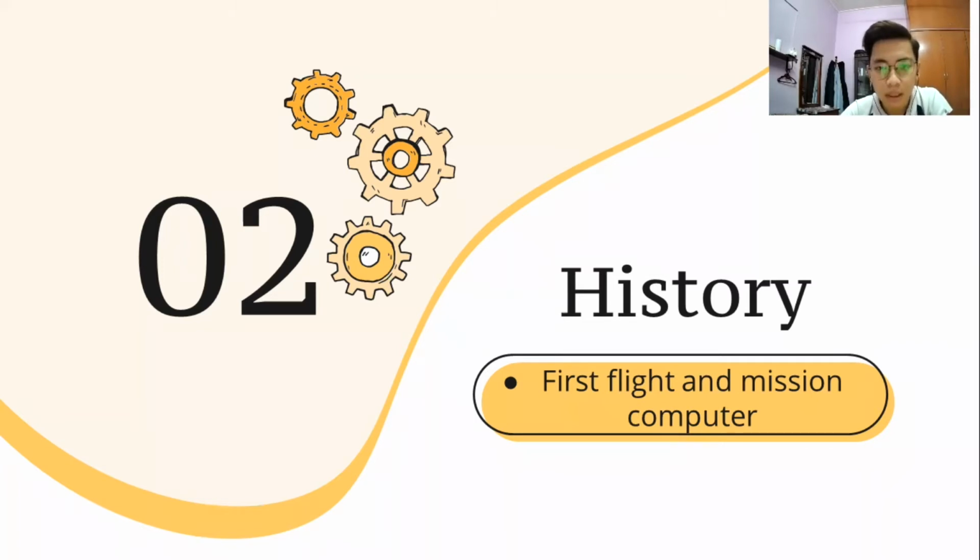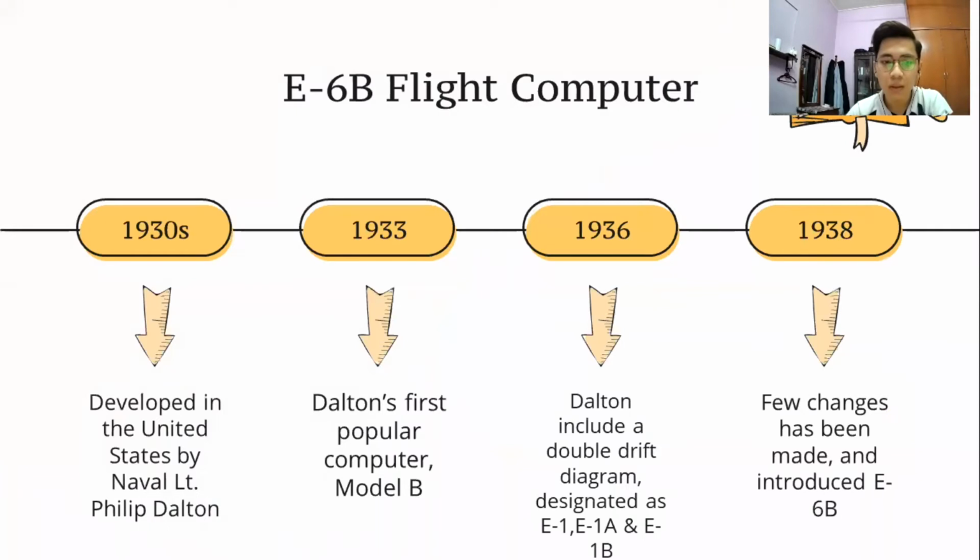I'm from Group 6. We will explain about the history of flight and mission computer. For this part, I will explain about the first flight and mission computer, which is the E6B. The E6B was developed in the United States by Naval Lieutenant Philip Dalton in the late 1930s.